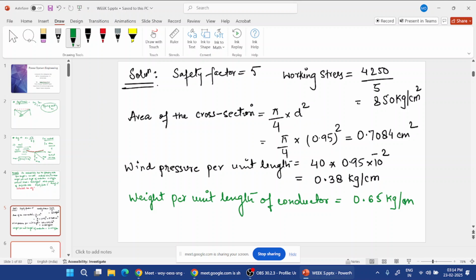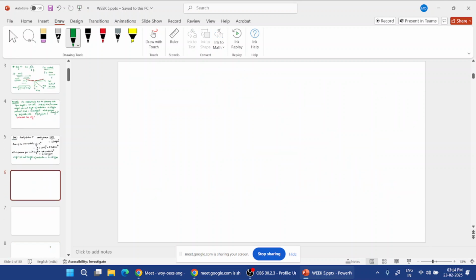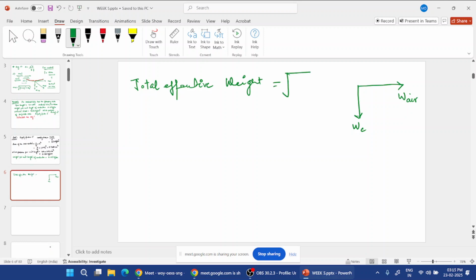And we know that the weight of the conductor is downward, let's say it is WC, and the weight effect due to air, I just told you, is in a horizontal direction, let's say this is W air. So what will the resultant weight be? Total effective weight is equal to the square root of WC square plus W air whole square.